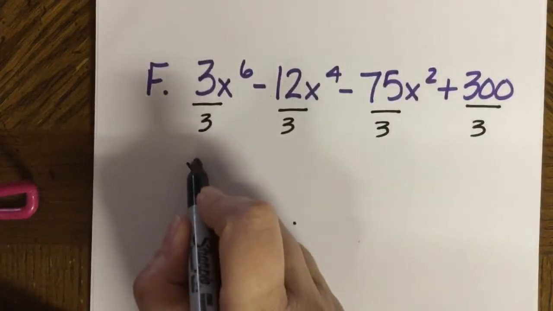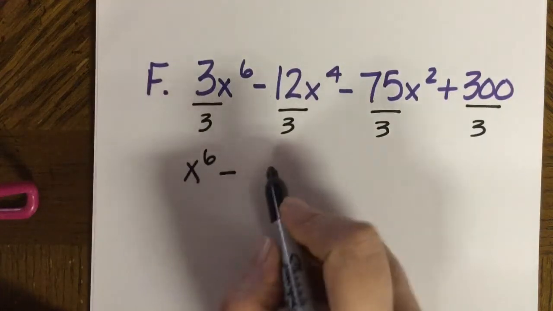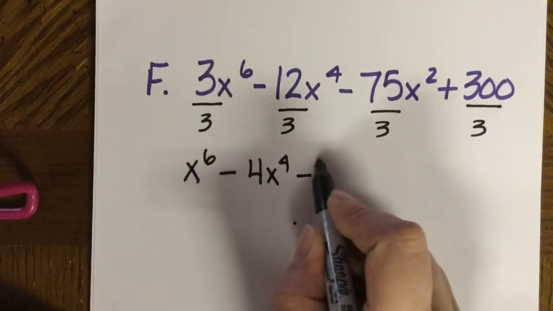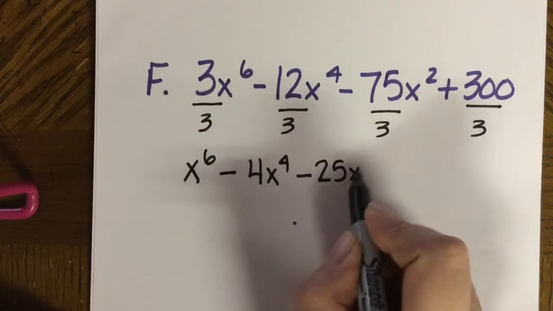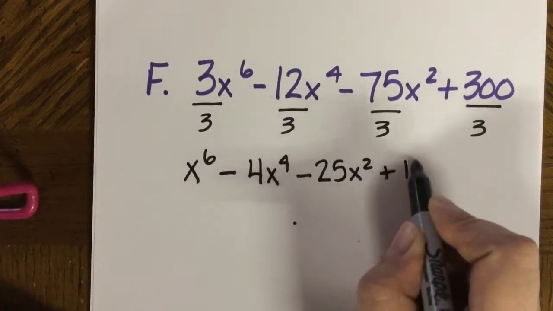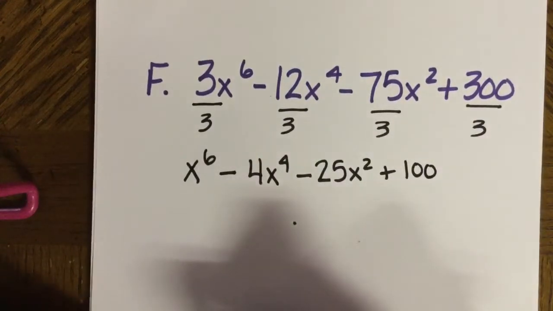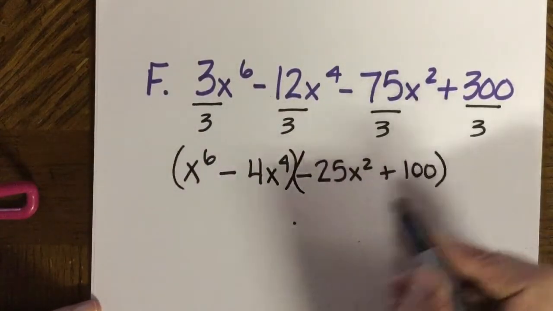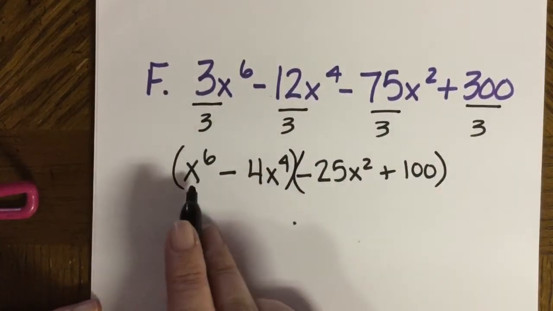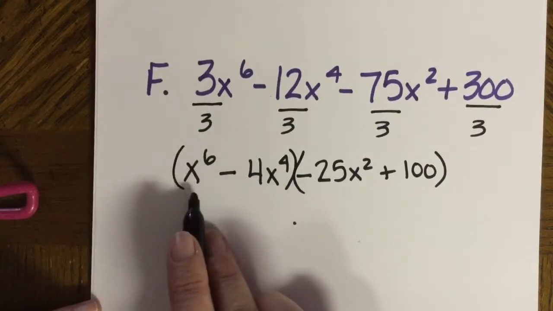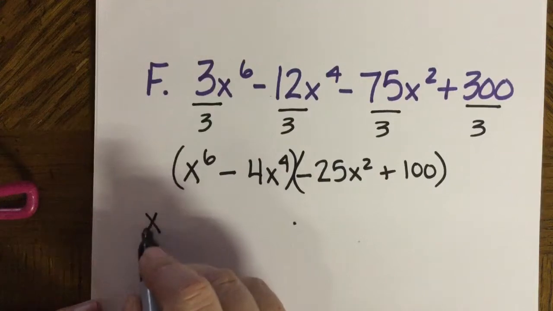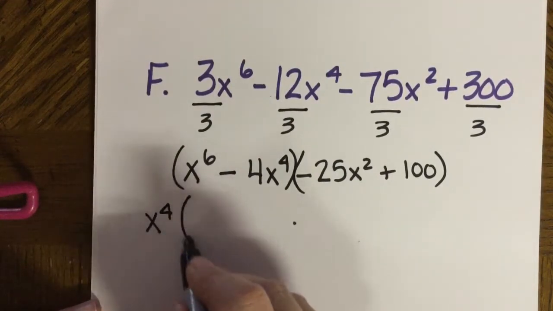So when I do that, I have x to the 6th minus 4x to the 4th minus 25x squared plus 100. Now this has how many terms? Yeah, this has 4 terms in it. Remember, when we have 4 terms, we factor by grouping. Looking for a GCF between the x to the 6th power and the negative 4x to the 4th, I can see that I can take out an x to the 4th.